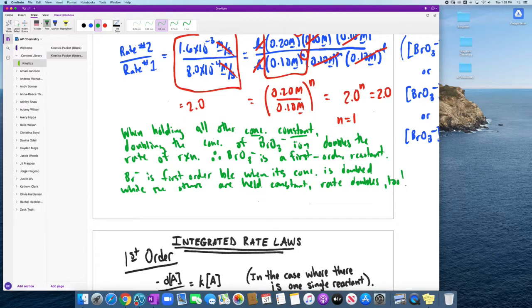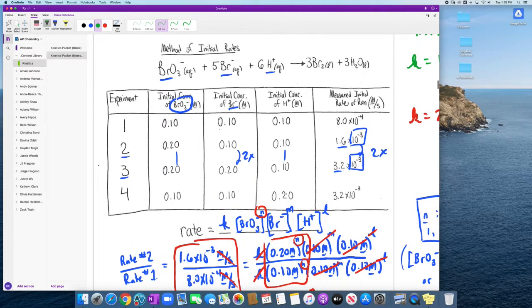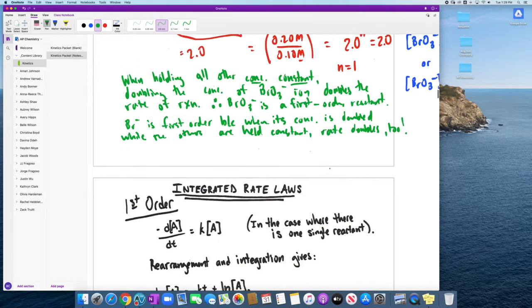So that tells us that m is also equal to 1. M equals 1.